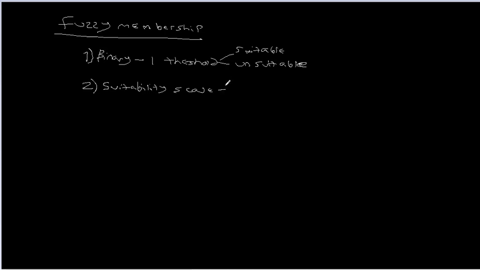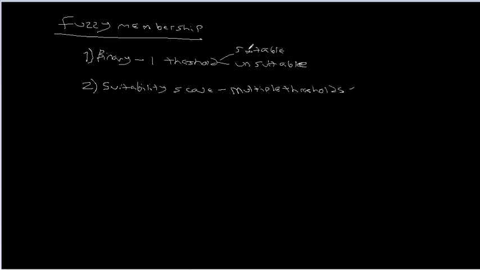Right, and so with the suitability scale, the idea was that we were going to classify our data into discrete classes. And we said that you could pick as many classes as you wanted, but that you had to be able to come up with thresholds for each data set into the exact same suitability scale. Right? So this was multiple thresholds. Right?